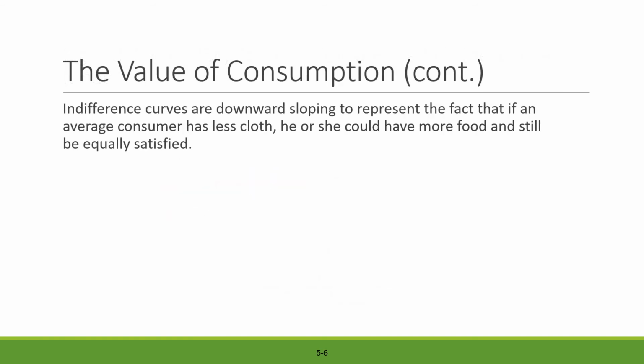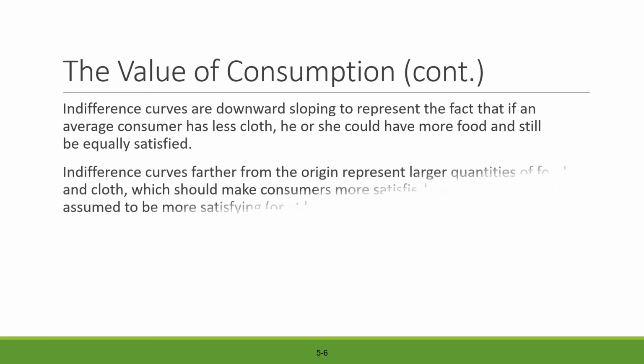So what we conclude from this is that the indifference curves are downward sloping to represent the fact that if an average consumer has less clothes, he or she should have more food and still be equally satisfied.